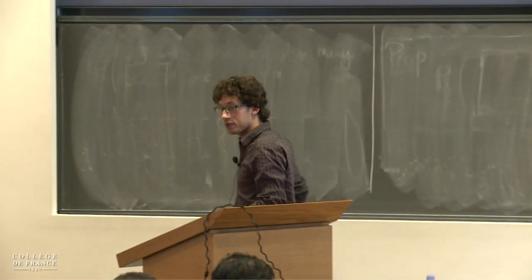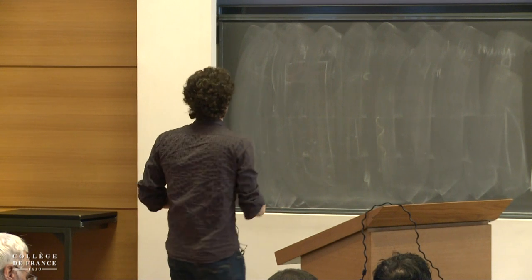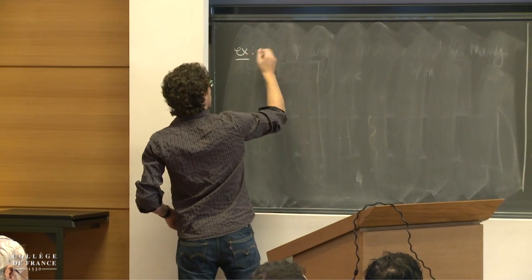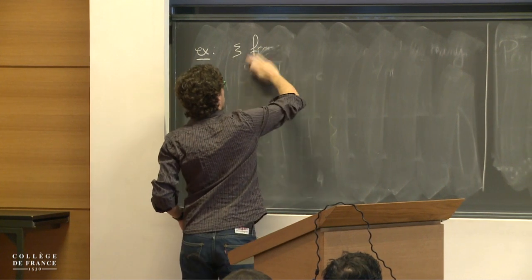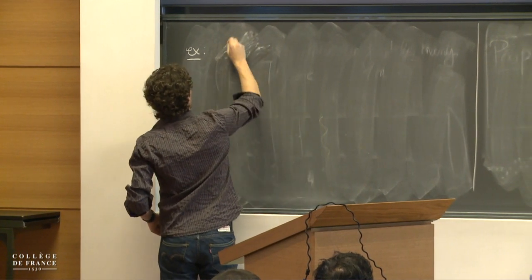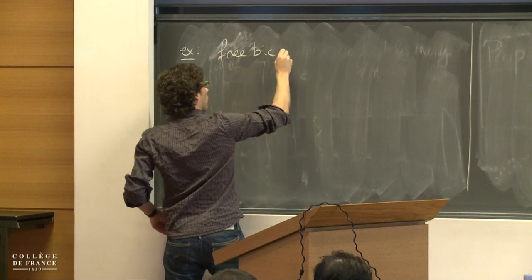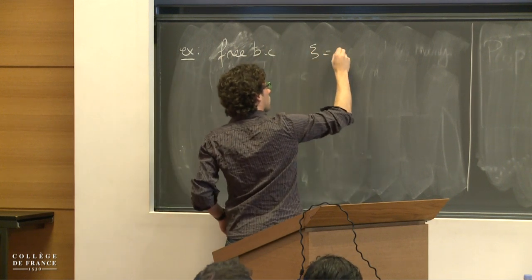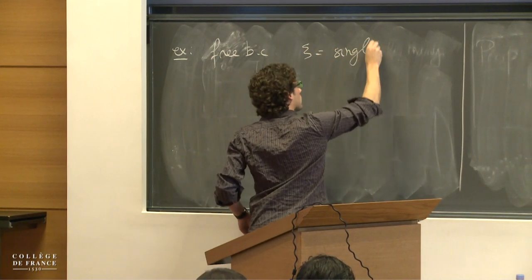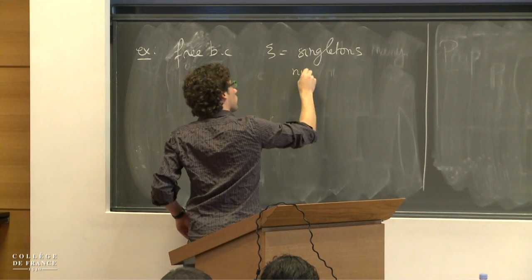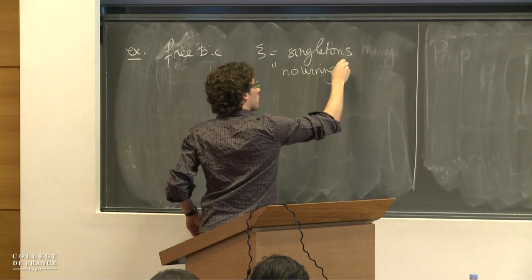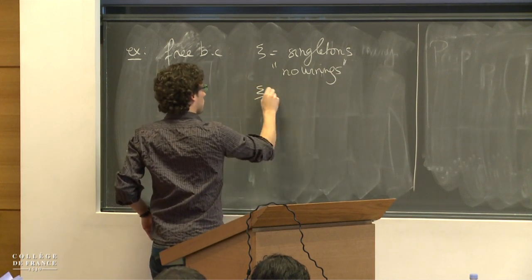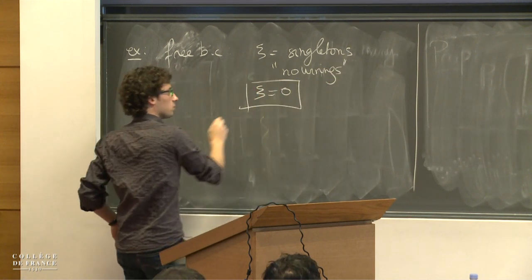It's like your graph is just in the middle of nowhere. So example: the free boundary condition, which is psi equal only singletons. So no wirings, if you prefer. And this I will denote by psi equals 0.